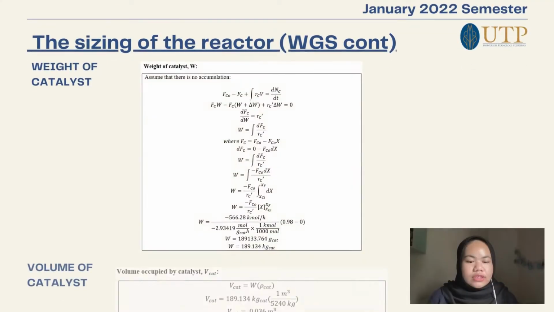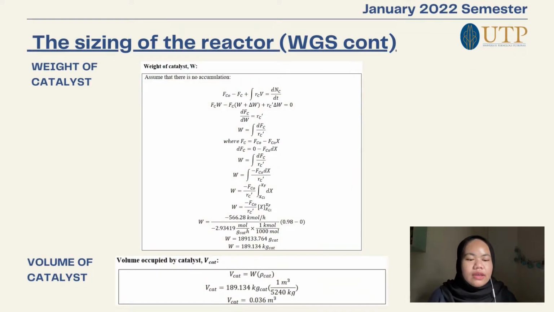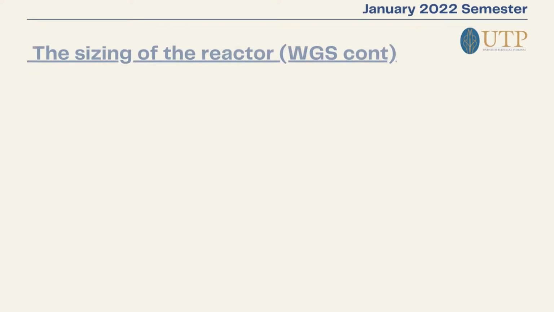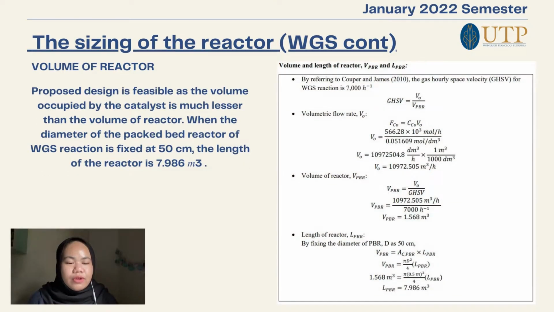The weight of iron oxide catalyst for the WGS reaction obtained is 189.143 kg, which occupies 0.036 m3 of volume. Meanwhile, the volume of the PBR obtained is 1.568 m3. Thus, it can be concluded that for both reactors, the proposed designs are feasible as the volume occupied by the catalyst is much less than the volume of the reactor.